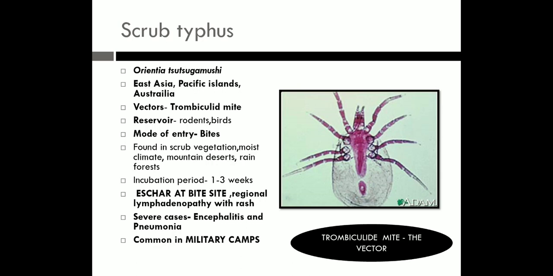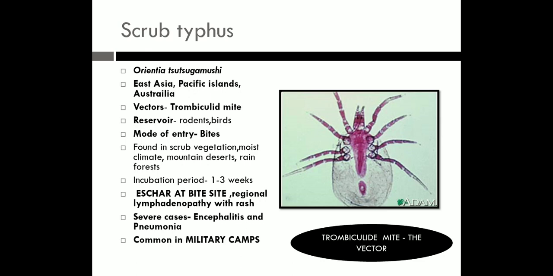Among all the stages of the trombiculid mite, the larval form, that is the chiggers, are the only stage that feeds on humans. The genus Leptotrombidium is the mite genus that usually infects humans.